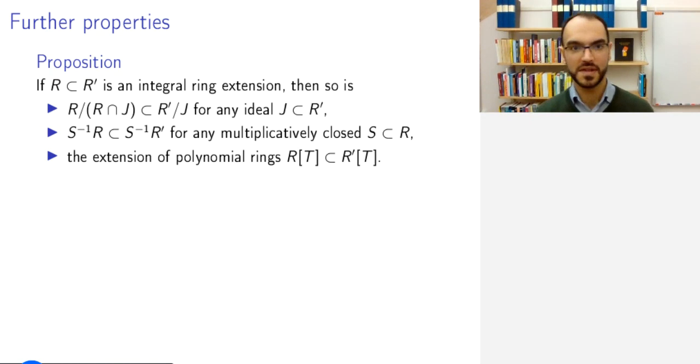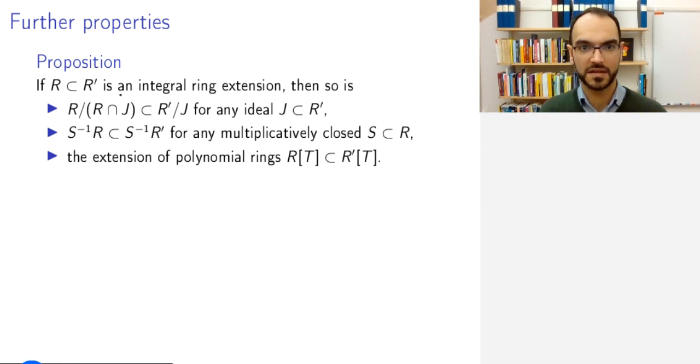Some further properties. One property that is handy, and the proof is left as an exercise to you, and it's a very good exercise, is that integrality is compatible with natural constructions on rings, like quotients, localization, and polynomial rings. What does this mean?